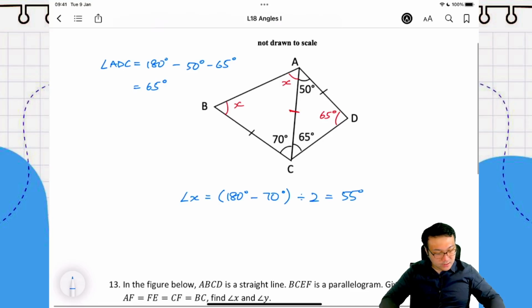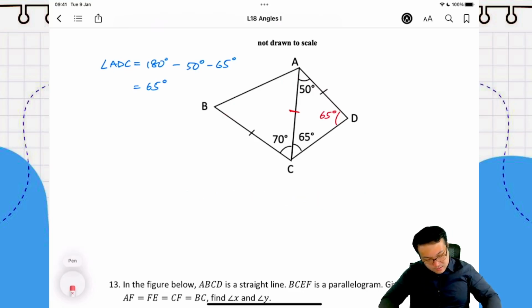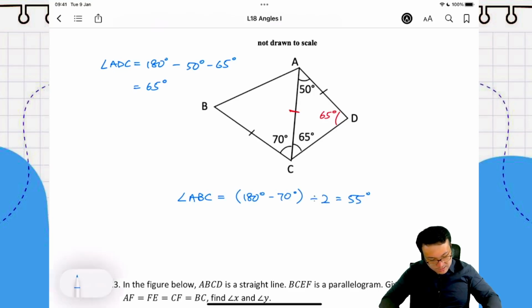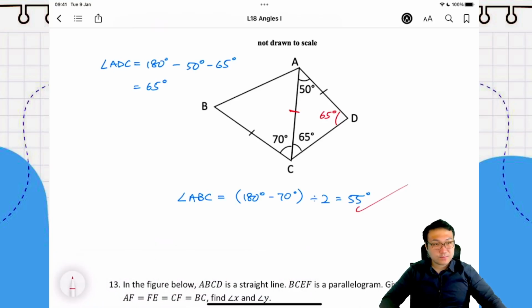Oh, then we found it already. Yeah, so easy. Actually, let's just label it as angle ABC. Angle ABC equals to... Done. Well done, Kaden. Good job.